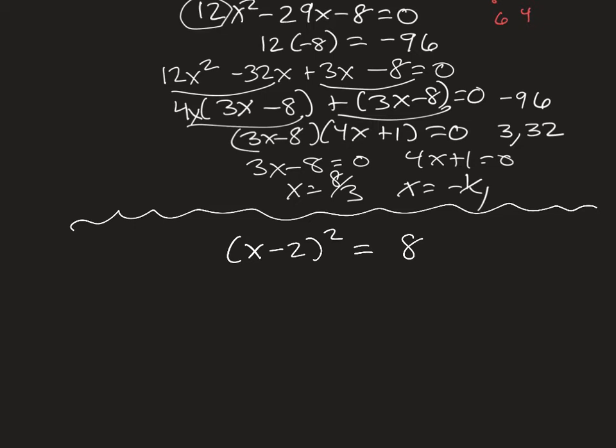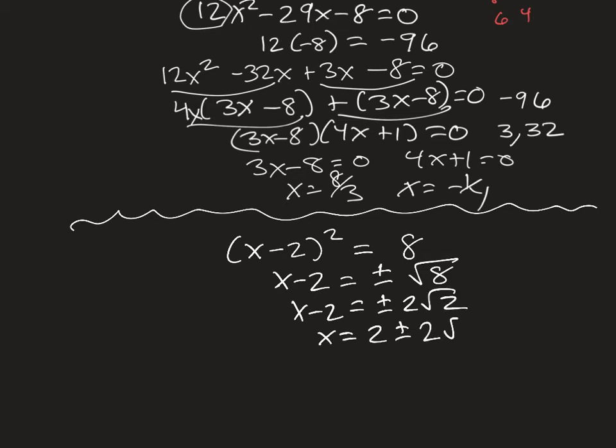Instead, it's already in a form that I can solve by taking the square root of both sides. Remember, when you solve by taking the square root, it's plus or minus. So x minus 2 equals plus or minus 2 root 2, and x equals 2 plus or minus 2 root 2. So if I have a perfect square on one side and a number on the other, then this is going to be pretty easy to solve.